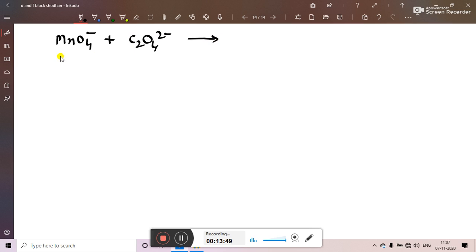So in that case, you have to remember that permanganate ion in acidic medium always gets converted into Mn2 plus, and oxalate ion will convert into carbon dioxide. So suppose we have to balance this reaction. So in that case, you have to remember the redox reaction balancing, which we were doing in 11th standard.